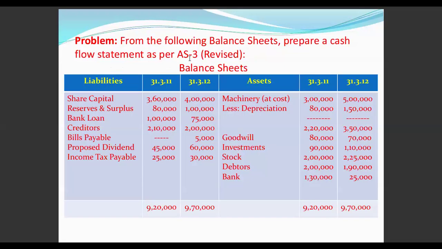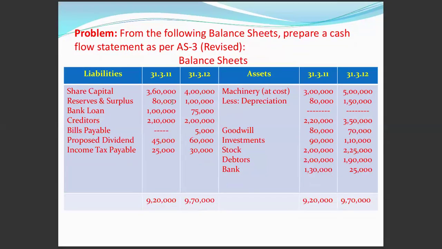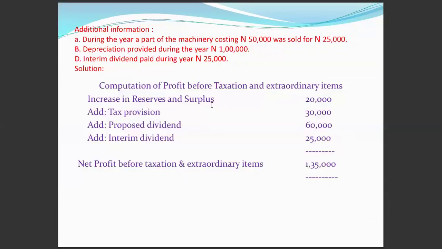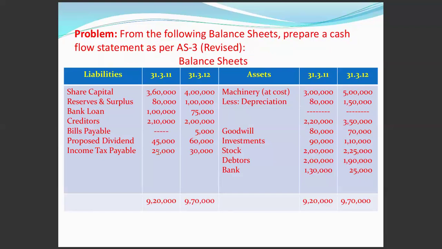The reserve and surplus, which were 80,000, had changed to 1 lakh. So there is an increase in reserve and surplus by 20,000. The tax of 25,000 for 2011 was paid in 2012, but we are creating provision for 2012 which is not allowed as cash flow and it is shown as expenses.